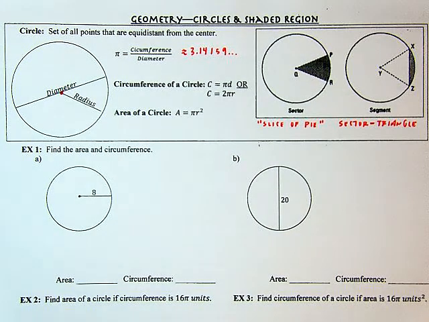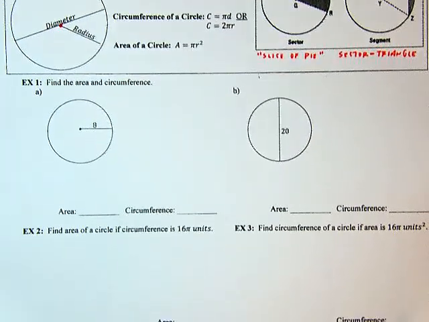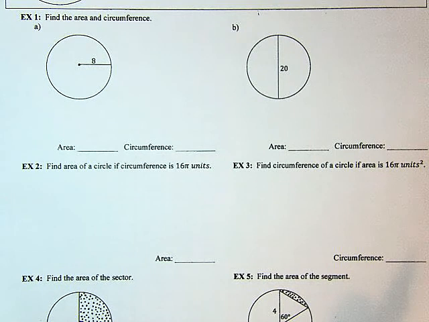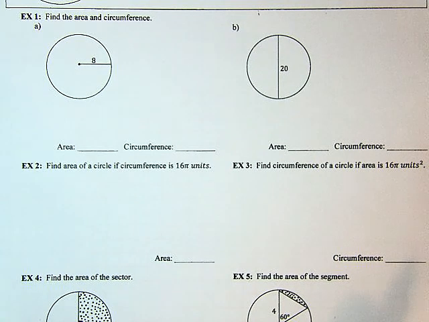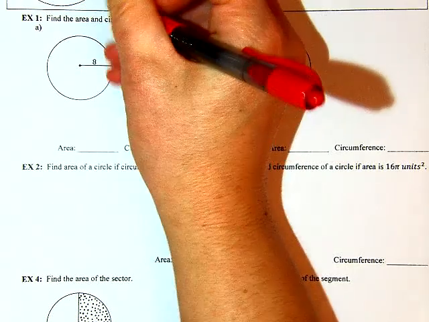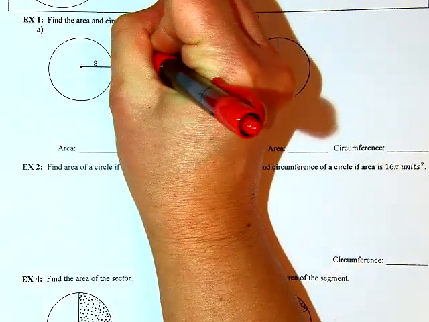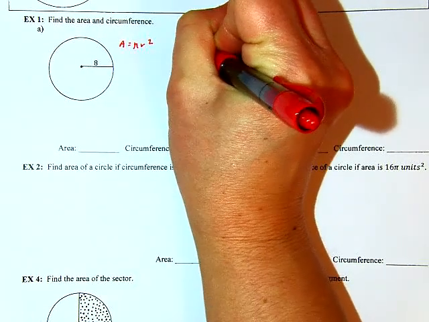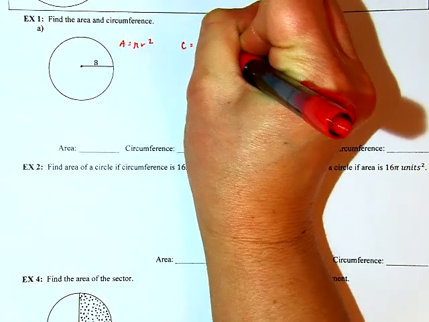Okay, so we're going to start off with a few basic problems, and then we'll get gradually a little bit more complicated. All right, so first up, example 1, find area and circumference. So we're given that the radius here is 8. So we know that area is pi r squared, and circumference is 2 pi r.